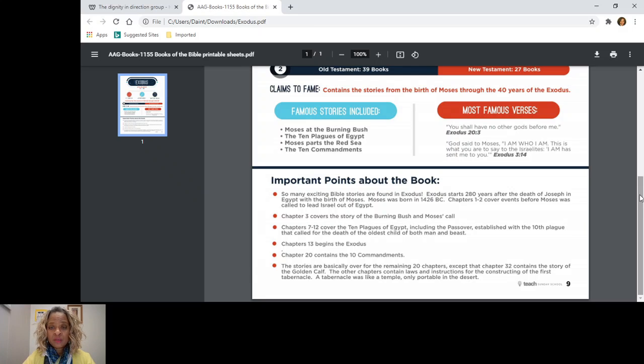So, freedom and confinement is one, family and community is another, the rise of Jewish civilization is one, stubbornness is another, the covenant or God's promise to his people, law and society is another, reputation is one as well.